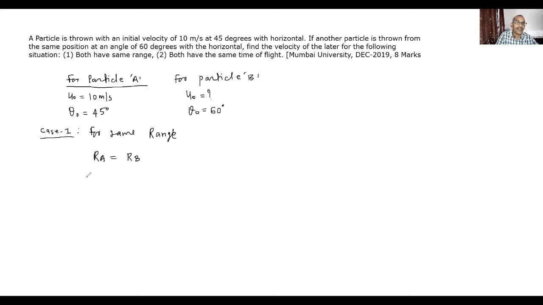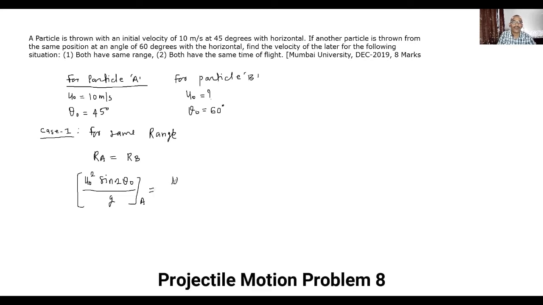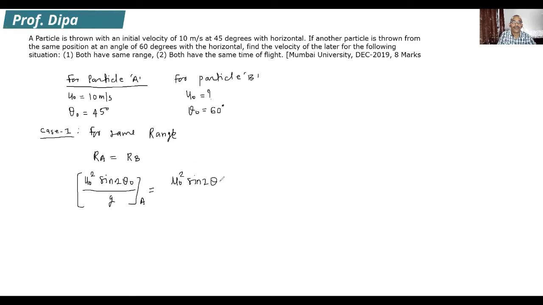If you substitute here for particle A, it is u0 square sine of 2 theta 0 upon g. This is for particle A. And for particle B, u0 square sine of 2 theta 0 upon g. The formula is the same, but here the theta 0 and u values are different.